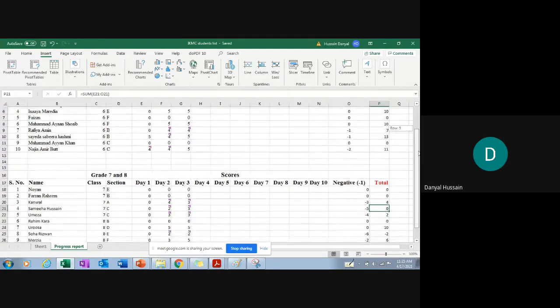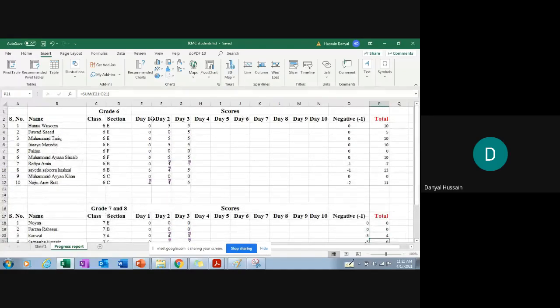You can see that each day you give me some answers, and for one correct answer I give one positive mark, and for each incorrect answer I give you one negative mark.